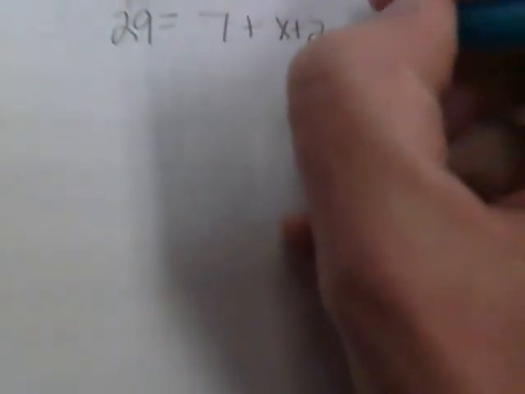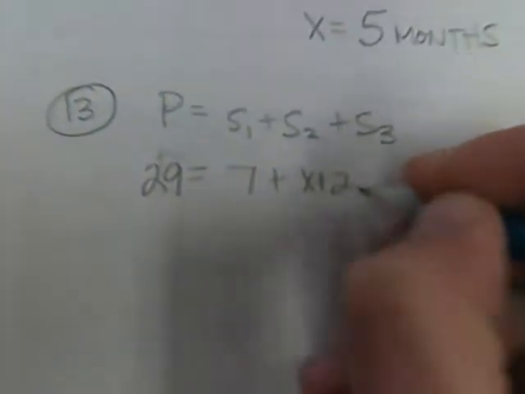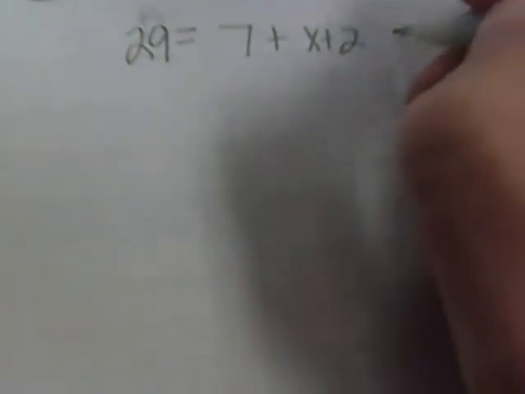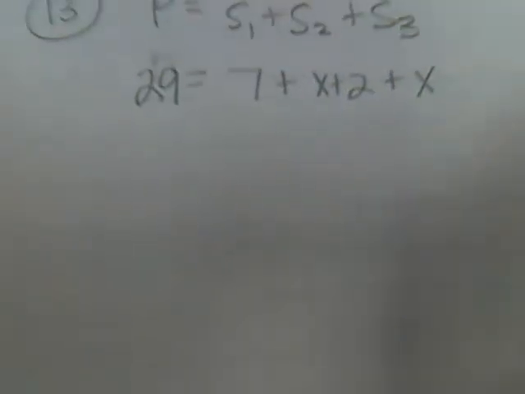So in this case, I know my perimeter is 29. I'm going to say side 1 is 7. I'm going to call side 2 X plus 2. And I'm going to call side 3 X.